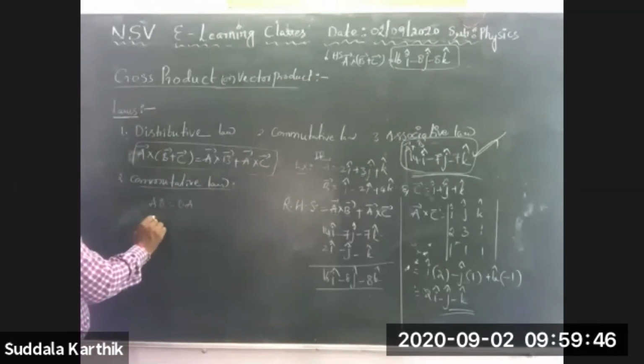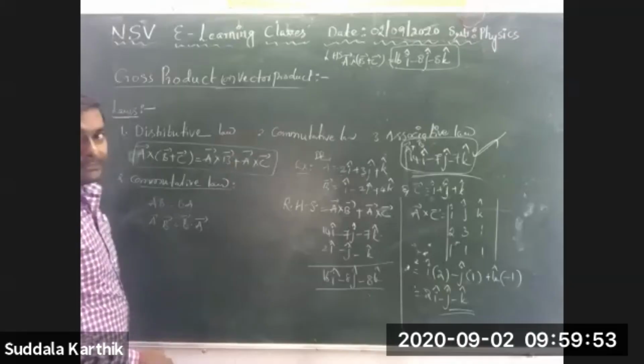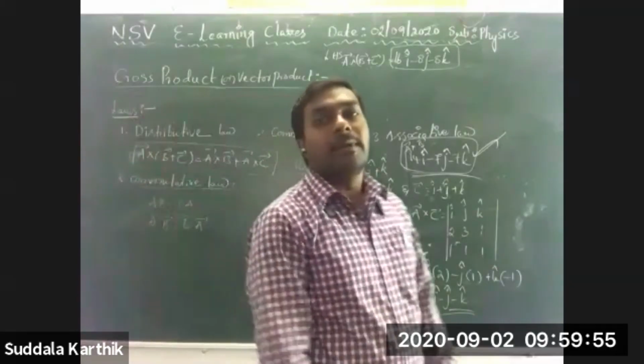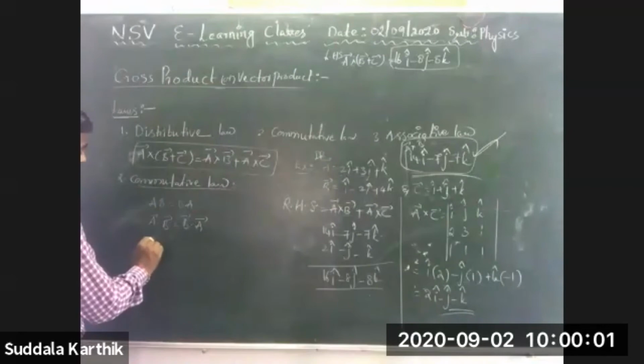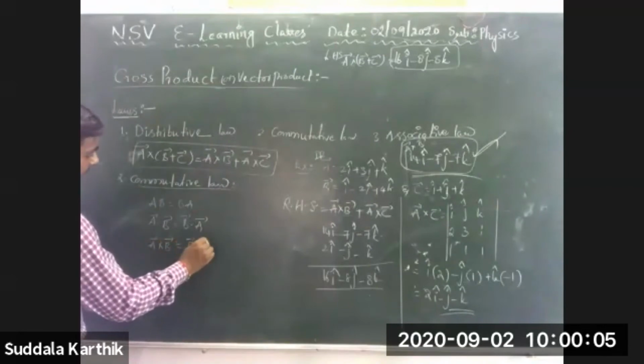In the dot product, A bar dot B bar is equal to B bar dot A bar. In the cross product, in the vector product, B bar cross A bar.